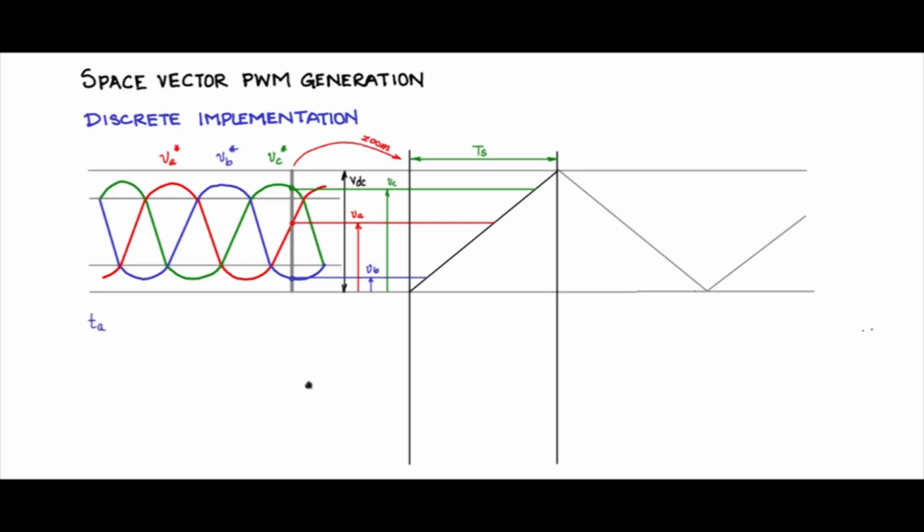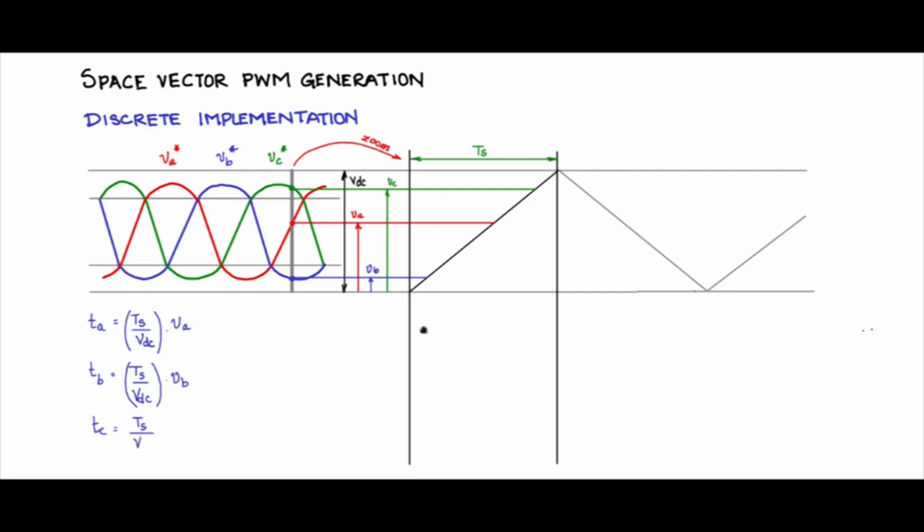And we could say, using a linear relationship, TA is equal to the ratio. The VDC will get converted to TS full period because of this linear ramp. So TS by VDC is the conversion ratio or transformation ratio into VA would give you a time corresponding to VA. TB is TS by VDC into VB would give a time corresponding to VB.